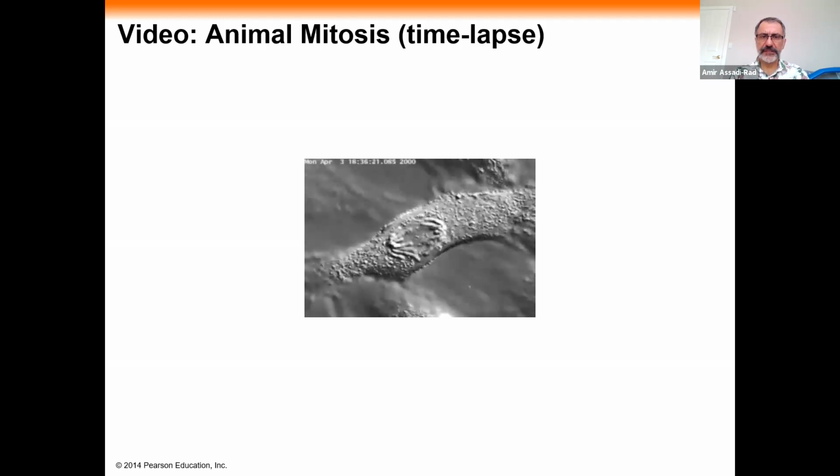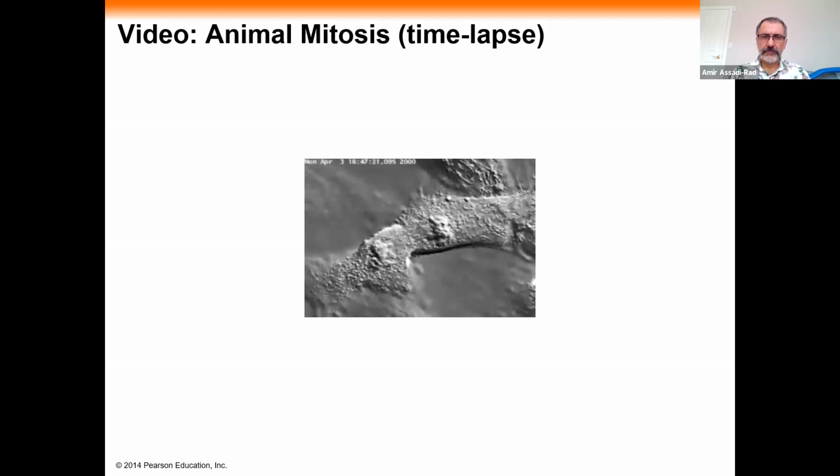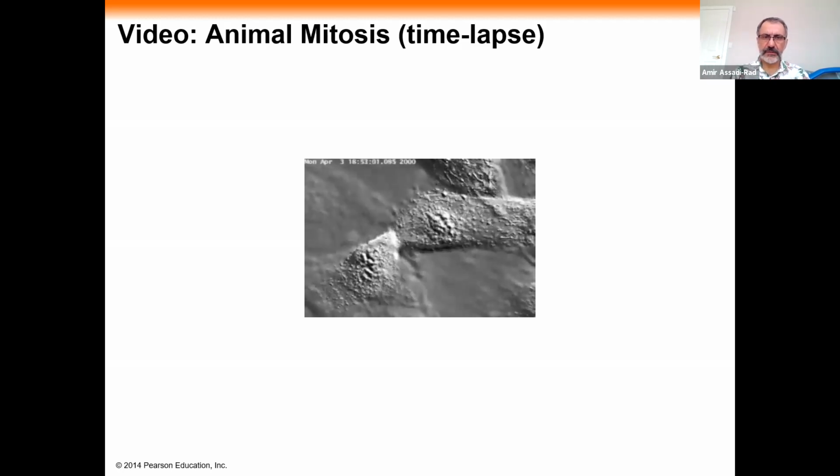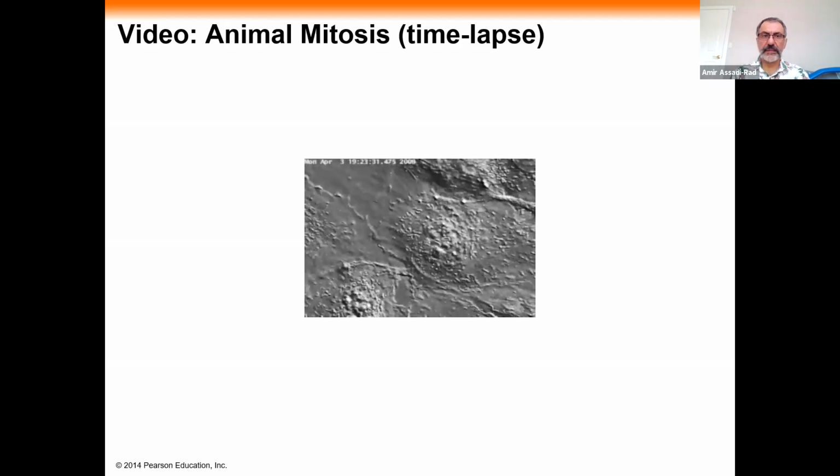Okay, that's anaphase. And now telophase, and then now you have cleavage furrow. They could have done it a little bit better.